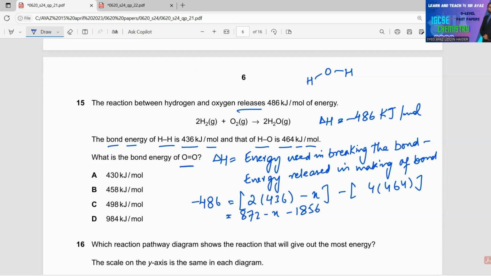Or you are going to write it down like this: X is equal to 1856, it must be plus, it's not minus, it must be plus, minus 872 minus 486.